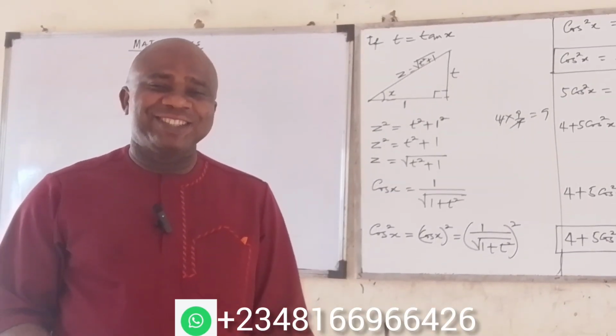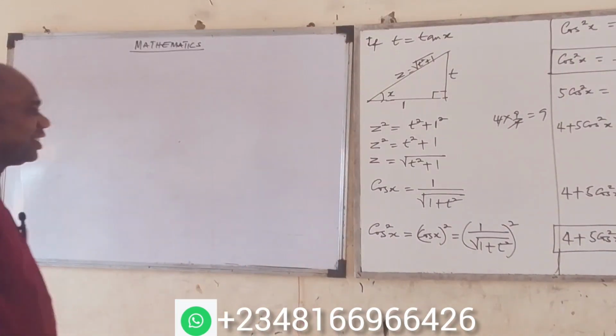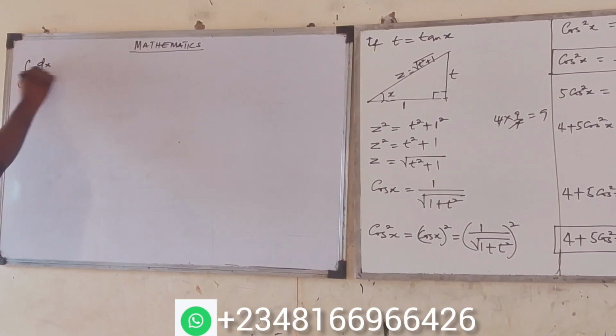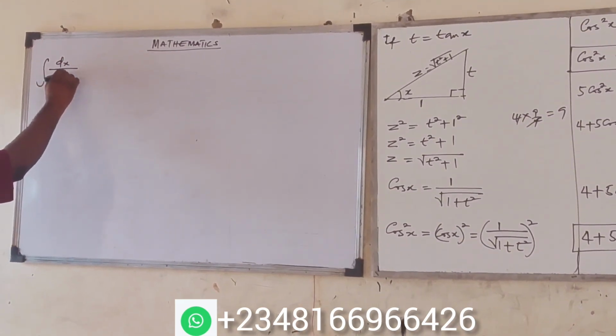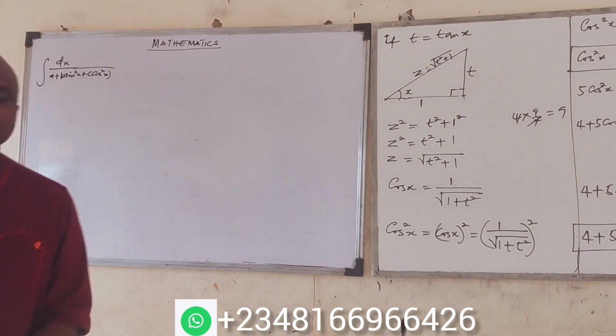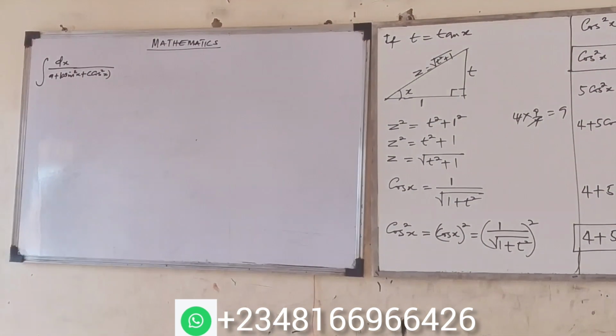In our last class on integration, we looked at integration of this form: the integral of dx over a plus b sine squared x plus c cos squared x. Now we're going to solve another example using this substitution.